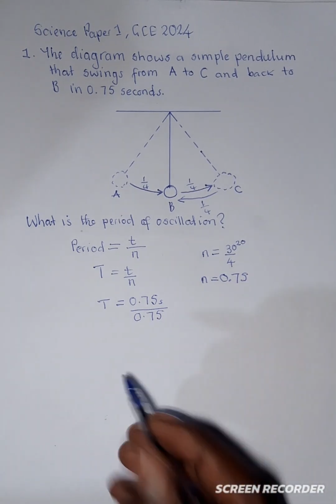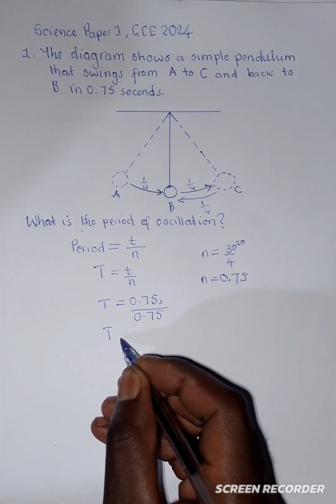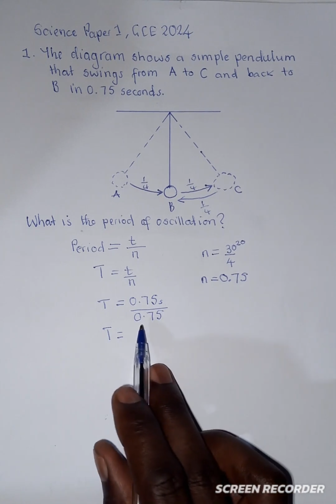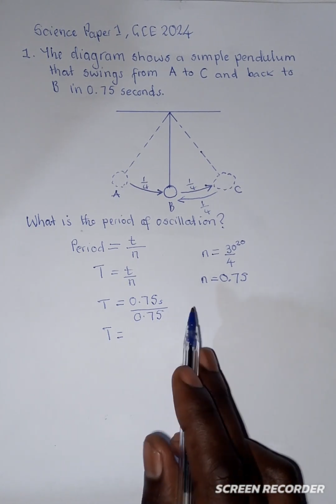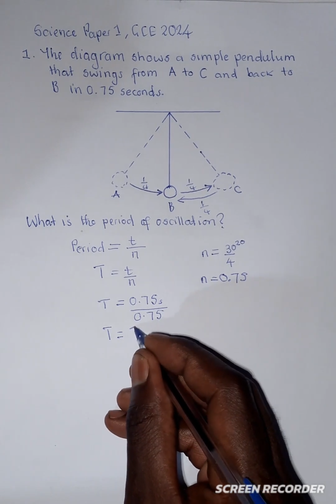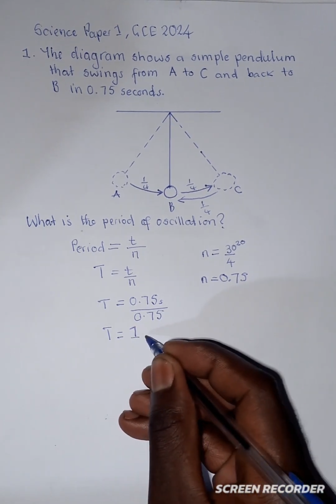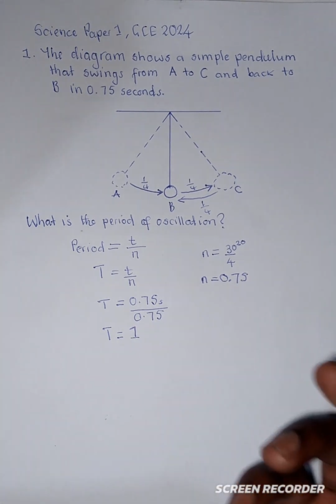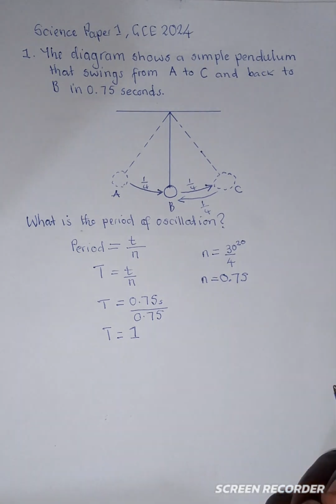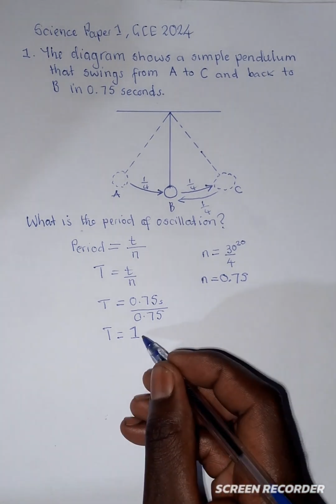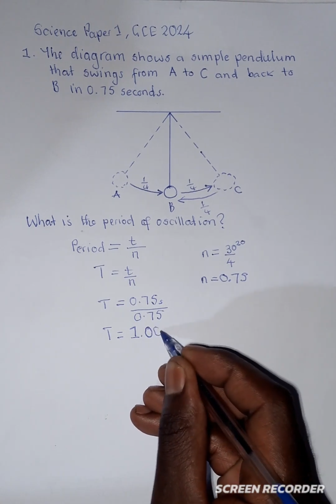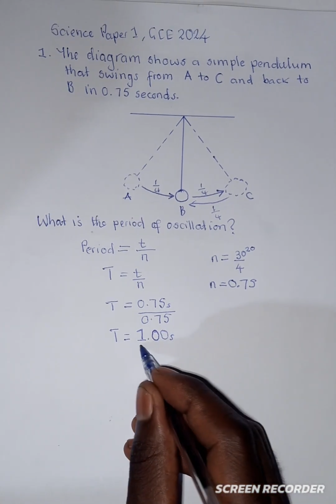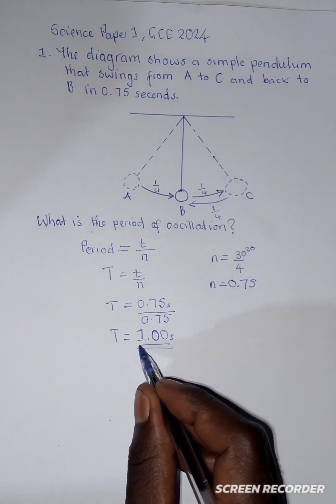So the period is 0.75 divided by 0.75, which is simply 1 second. For the sake of precision, we can put 1.00 seconds as our answer.